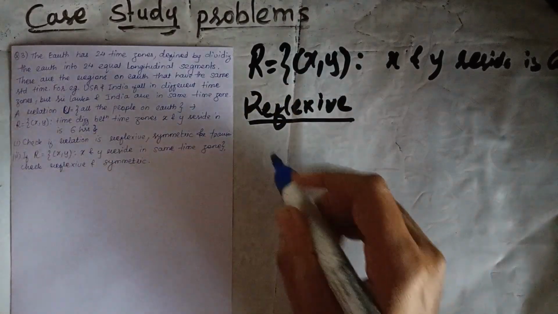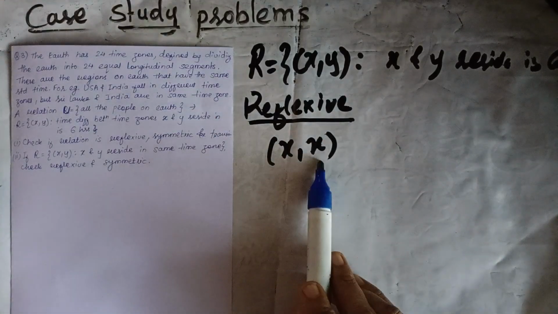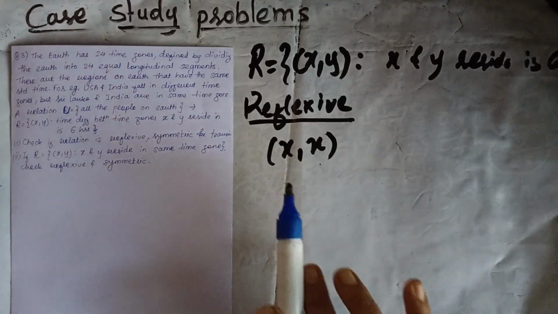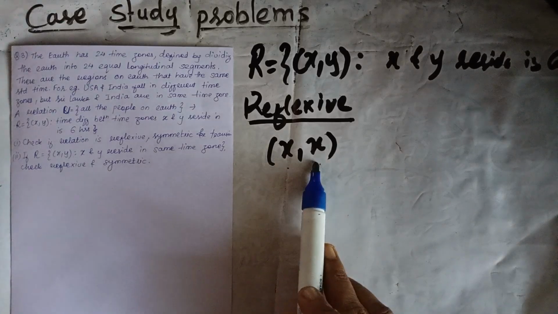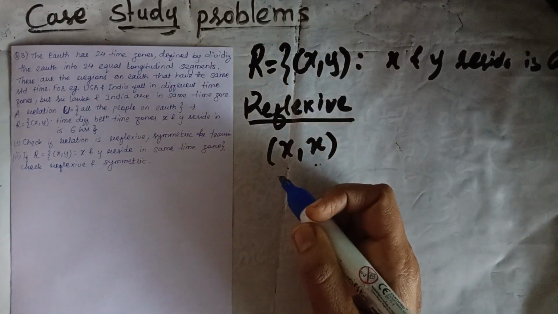So if you take x comma x, both these people reside in the same time zone. So the difference between the time zones will be what?